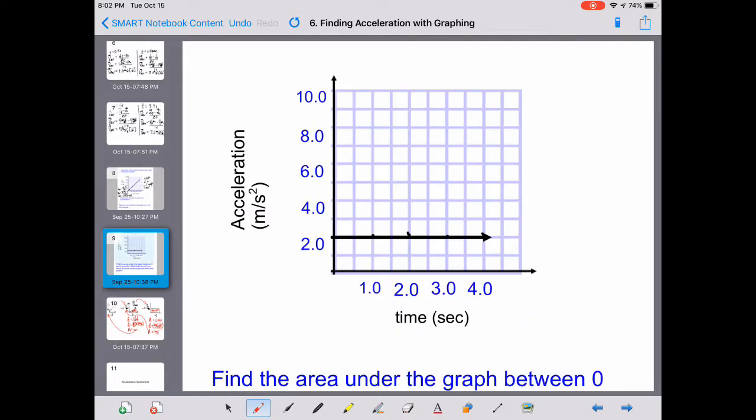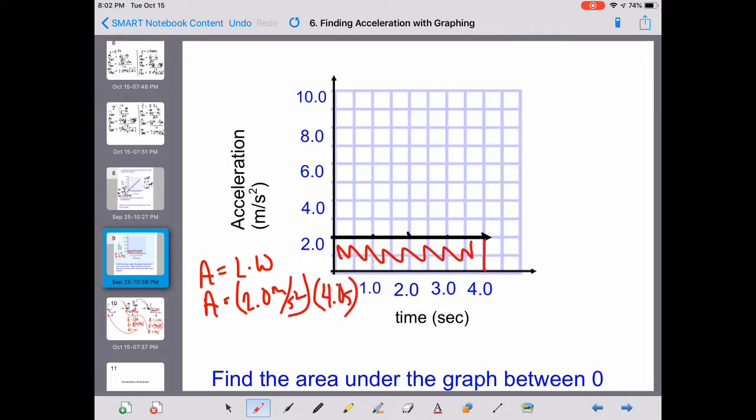If I take a look at the acceleration time graph, let's say I wanted to know what the area is at 4 seconds. Okay, what's this total area right here? So you can see pretty quick, it's 2 times 4, right? So area is length times width, which means area is equal to 2.0 meters per second squared multiplied by 4.0 seconds.